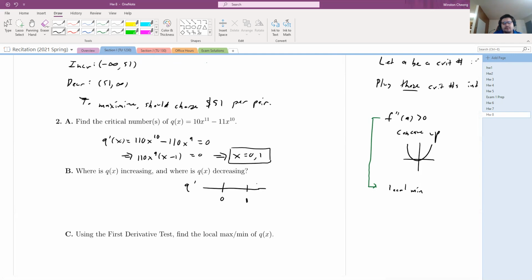That's the long way to do it, but that will work. So if you are very confused about the more abstract approach that I'm going to try to tell you to do, then by all means go ahead and do the whole plugging in.